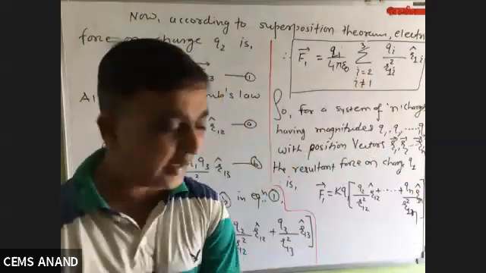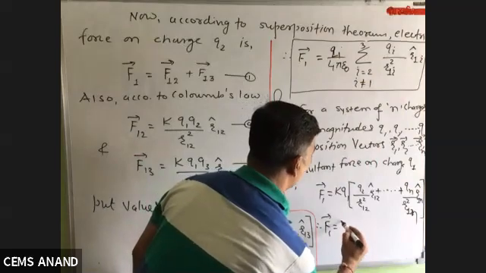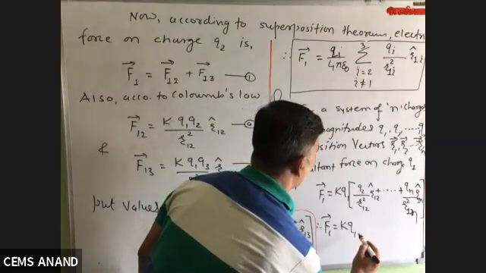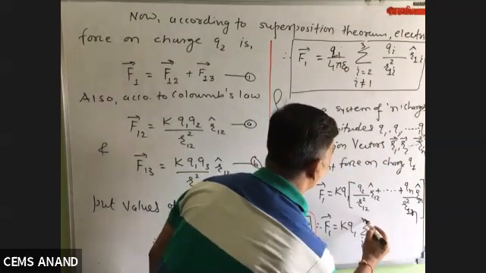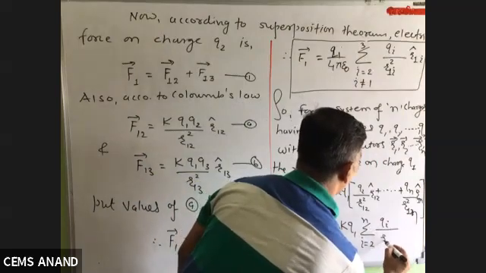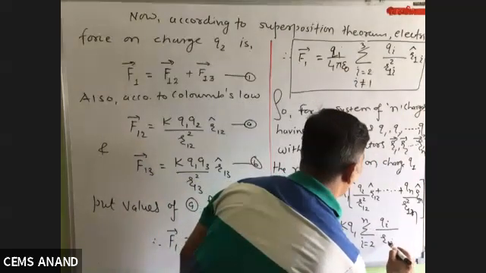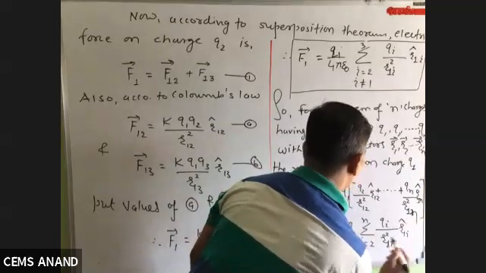So we can write F1 is equals to K Q1 sigma i equals 2 to n, Qi upon R1i square R1i cap.